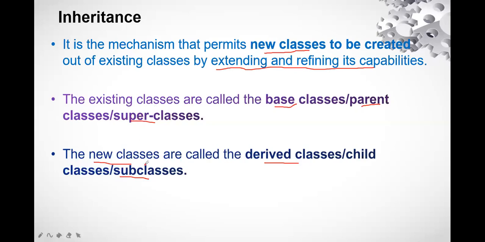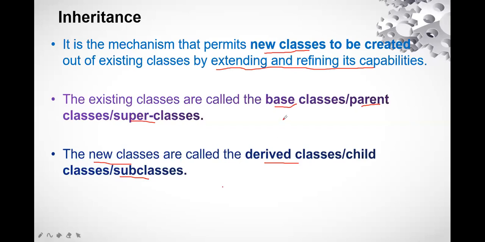So we have two things in a class. What are the two things? One is attributes and the other is methods, that we have learned in an earlier session. These two things can be derived from the base class.